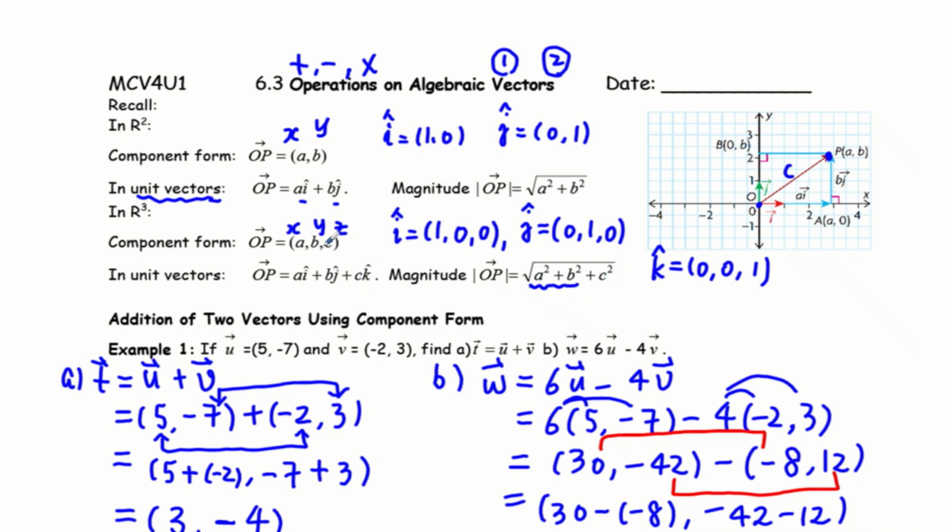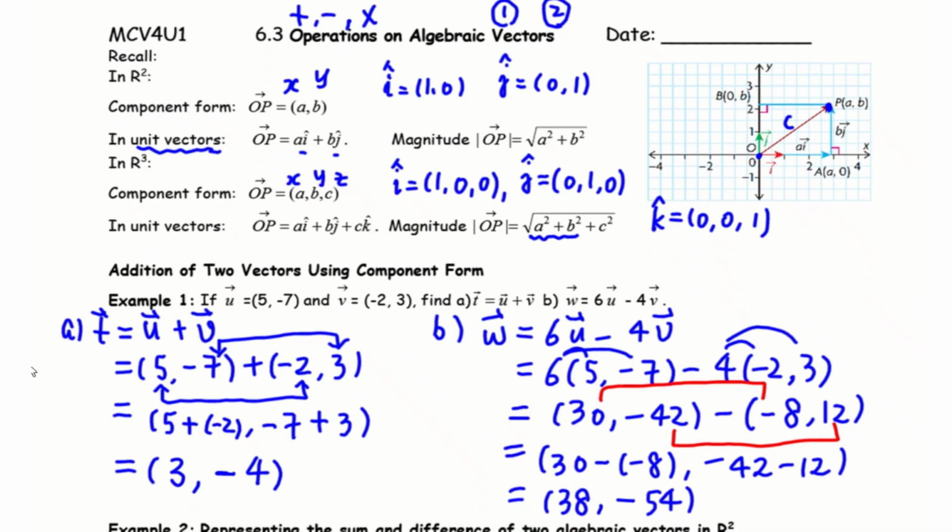And i is only 1, not 0, its unit vector is 1. And j is the y coordinate, not 0, is 1. And k is the z direction, the z coordinate is 1.